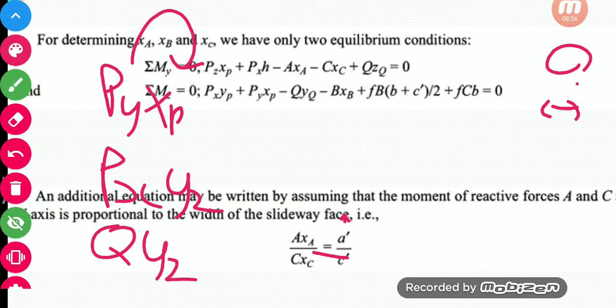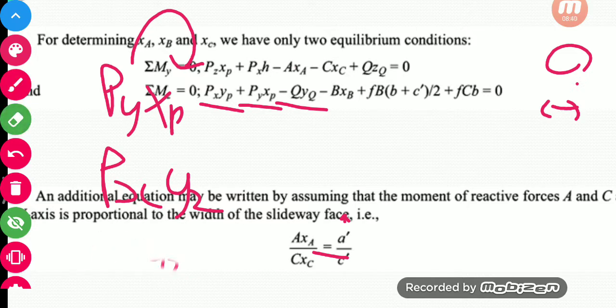Here we see your Px times Yp is there, Py times Xp is there, your Q times Yq is given. I think the direction of Q that has been assumed is in the opposite direction, so therefore it is coming inside the anti-clockwise moment, which is understandable.